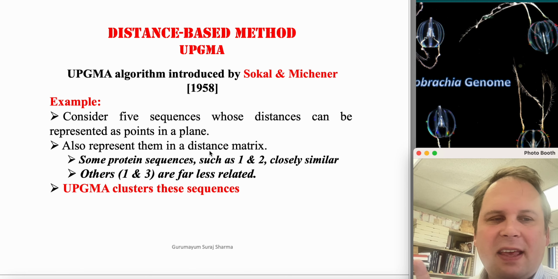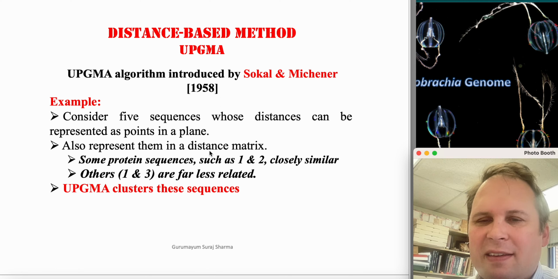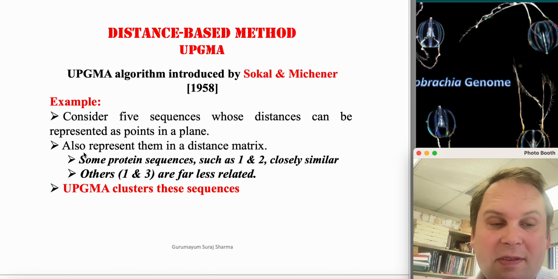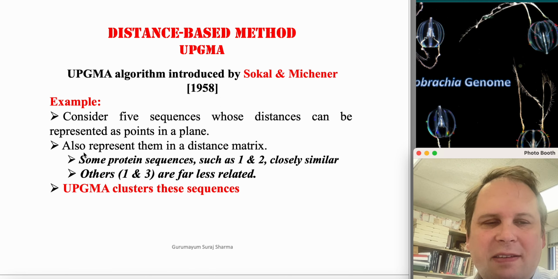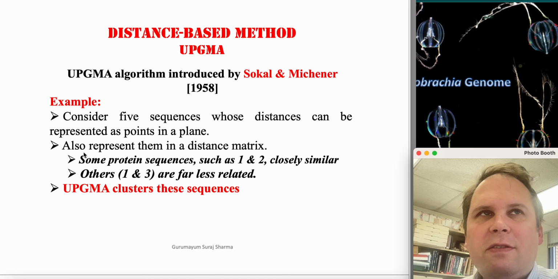So we'll imagine these things. It's just like a phylogenetic tree, and we're going to put it flat on a piece of paper, like it's on a plane. So we could also represent those as a distance matrix. By distance matrix, that means you take the genetic distance between each sequence and each other sequence.